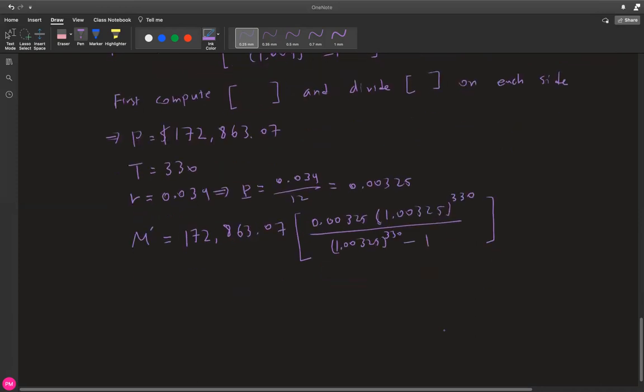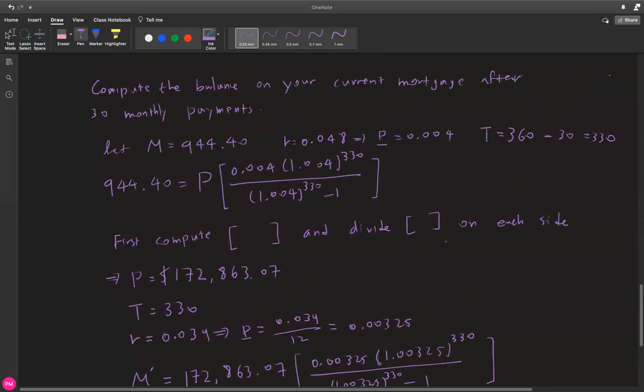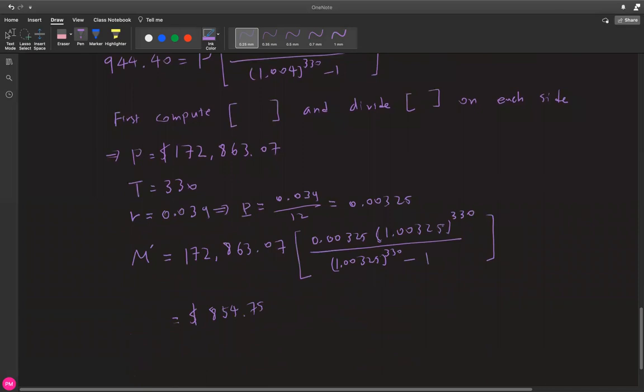So now this is a simple calculation, and by putting that into a calculator, you should be able to find that this is $854.75. And this is the monthly payment for the 330 months. So as we can see, if you decide to refinance your house in this case, you actually end up with a lower payment for the same period of time. So at the end, this works out for you.